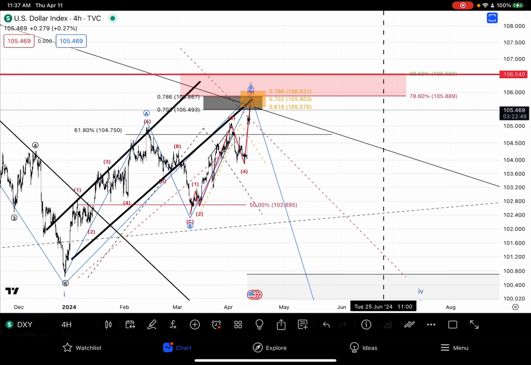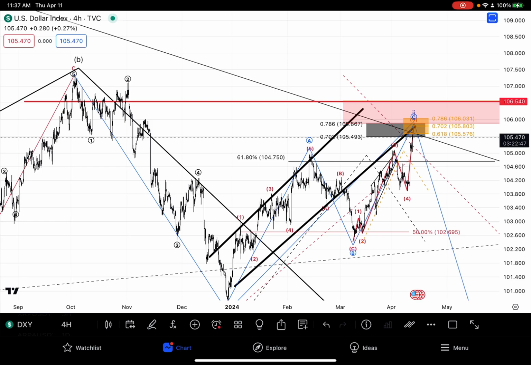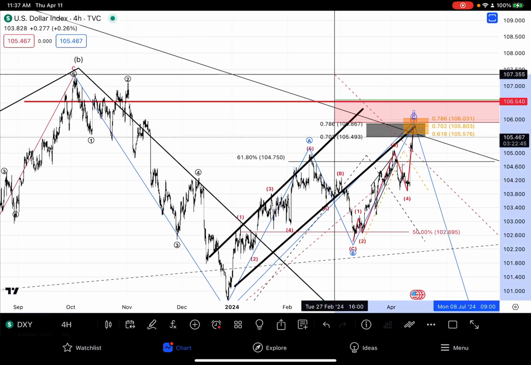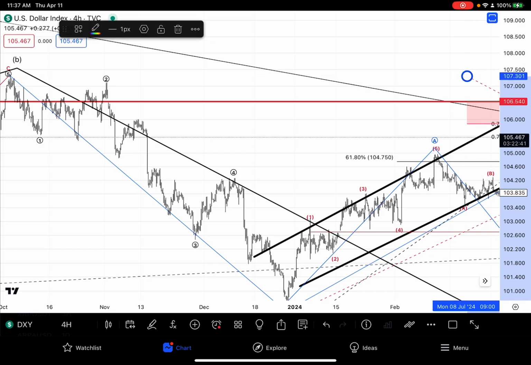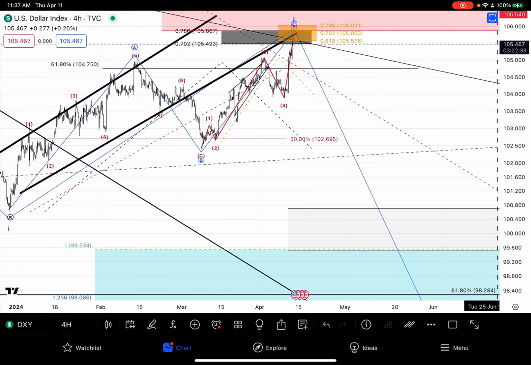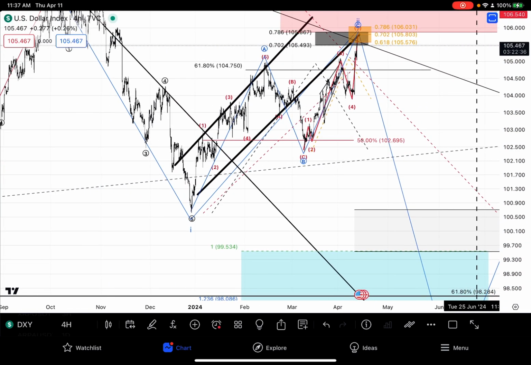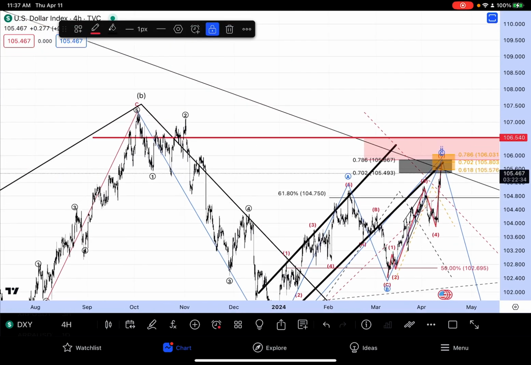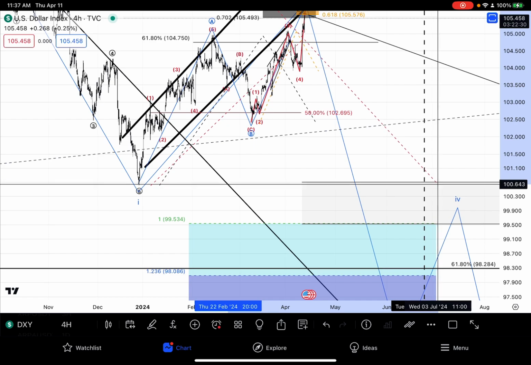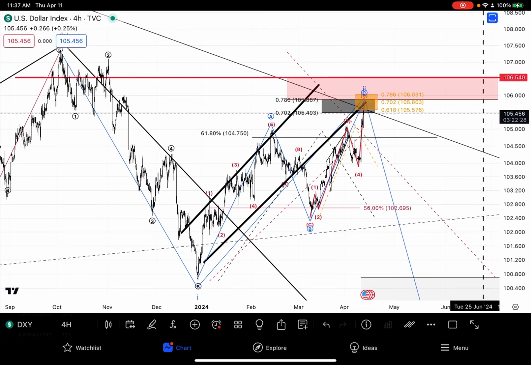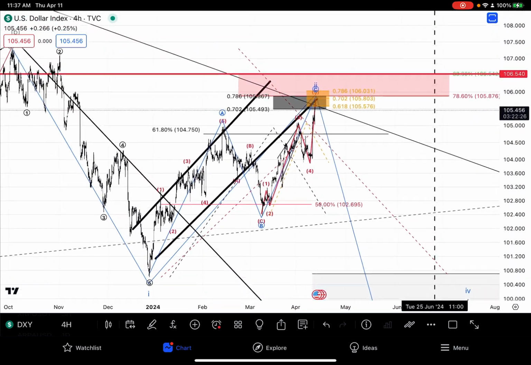depending on how it reacts to 105.889. Okay, remember this fib was found by placing it from our wave B high down to our wave 1 low.